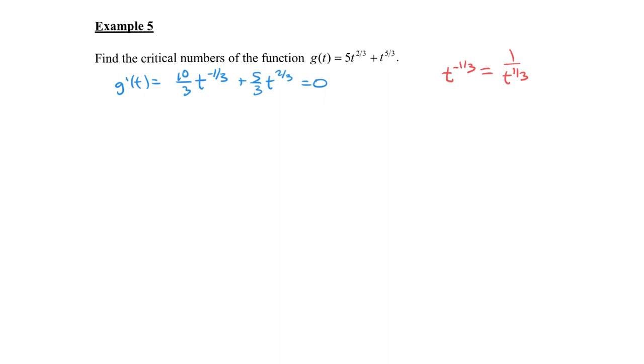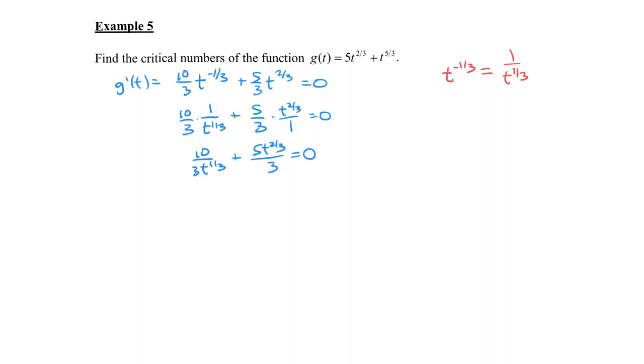So if I have 10/3 times this, I really have 10/3 times 1 over t to the 1/3. And I could write this like 5 over 3 times t to the 2/3 over 1, right, if I really wanted to. So then we could say, what we've got is 10 over 3t to the 1/3 plus 5t to the 2/3 over 3 equals 0.